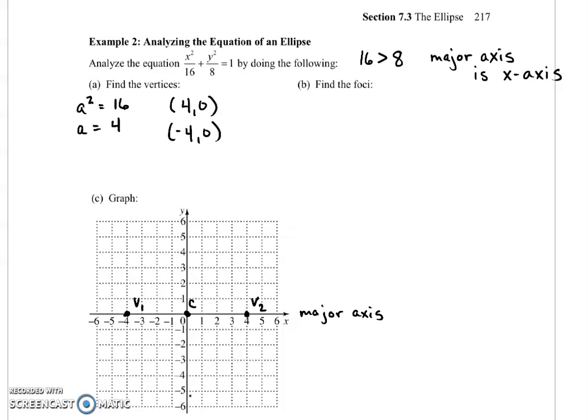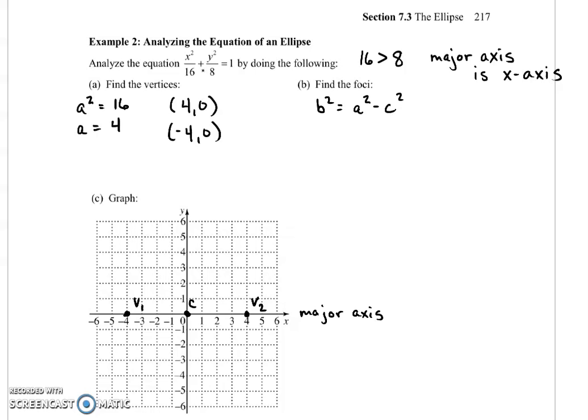Okay. Now we need to find the foci. So we know that b squared equals a squared minus c squared. We don't know c squared.